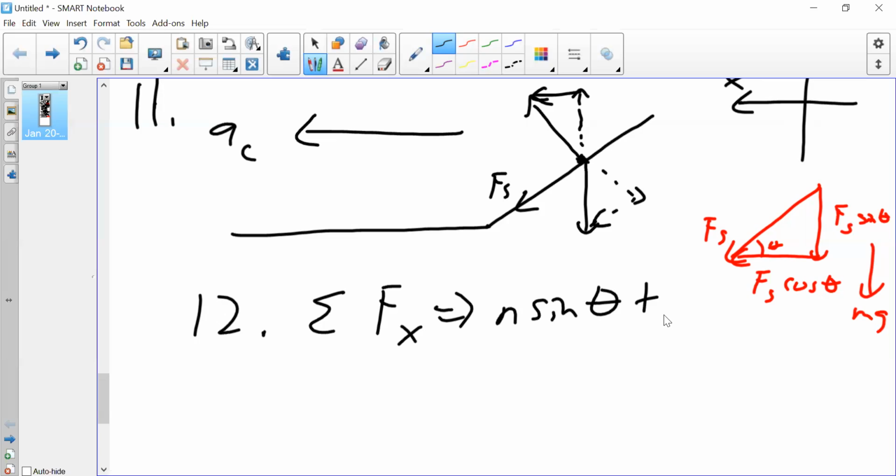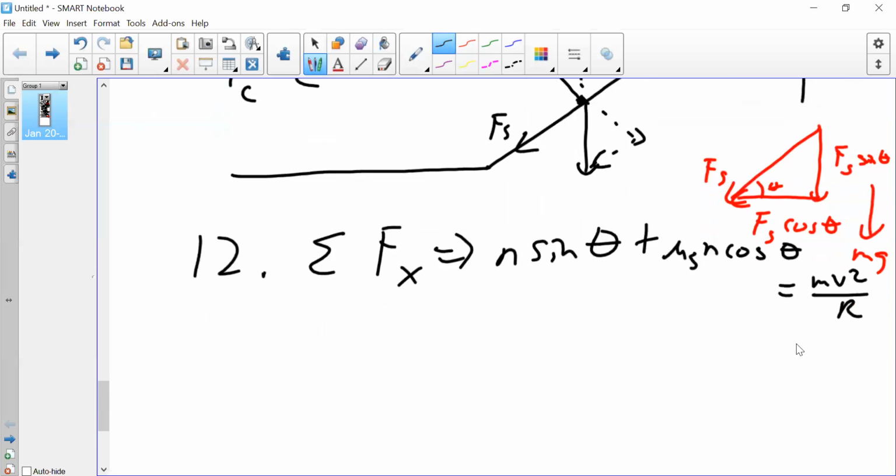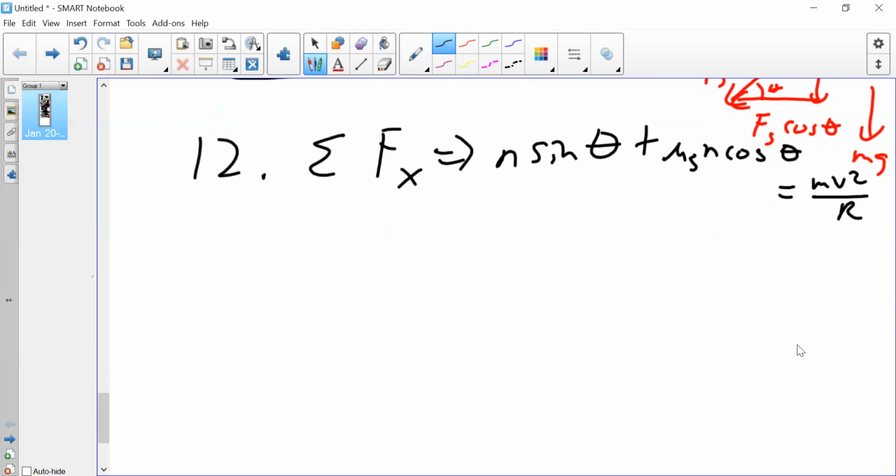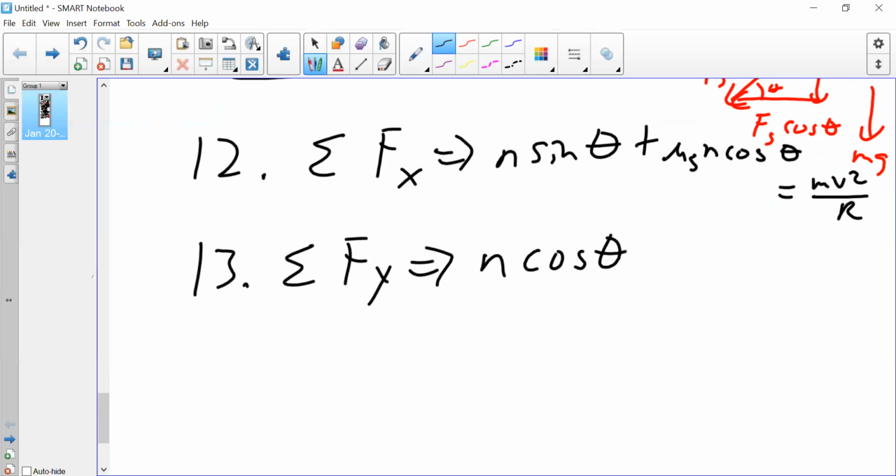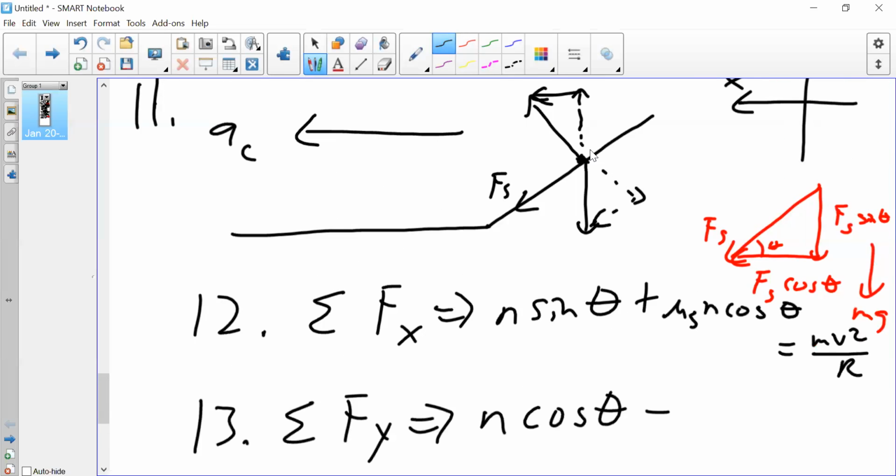Or mu s n cosine theta equals mv squared over r. Then I have n cosine theta positive, and then minus mu s n sine theta, because it's this.